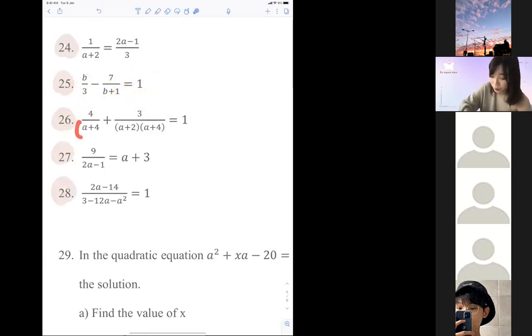Same thing here, you got one bracket. Try to make the denominator the same, combine them into one fraction. This is 1 over 1, you can cross multiply, okay? If you see something like that, this is over 1, so it still can cross multiply. This is over 1, still can cross multiply, okay?